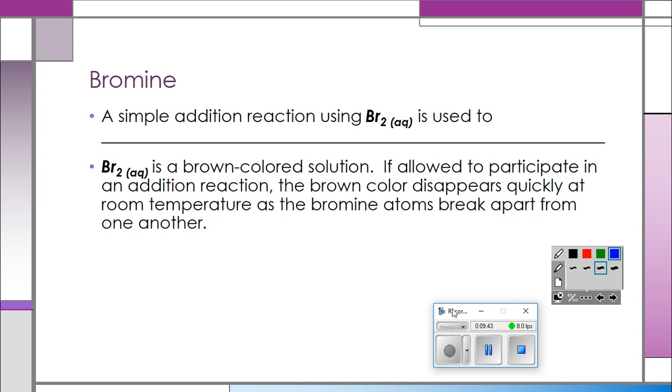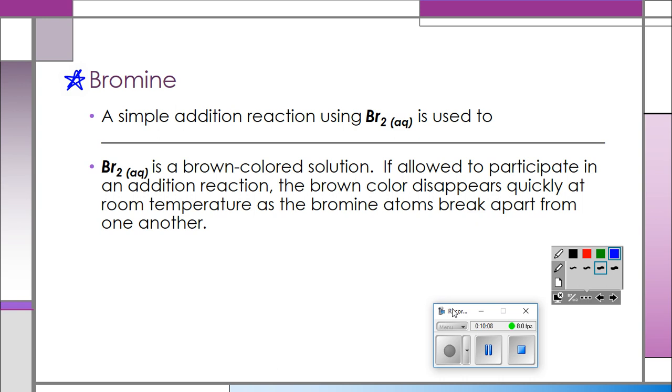One of them involves a test that gets used in the lab to detect whether or not something is saturated. This particular thing, this bromine test, it got its own curriculum outcome. What does that mean? That there could be, and usually is, specifically a question about using bromine as a test.